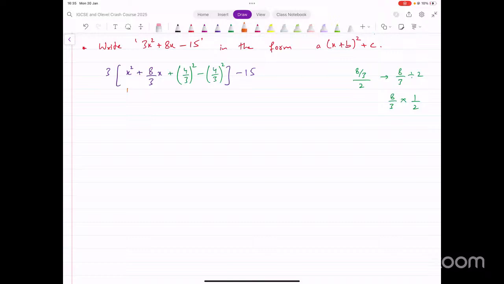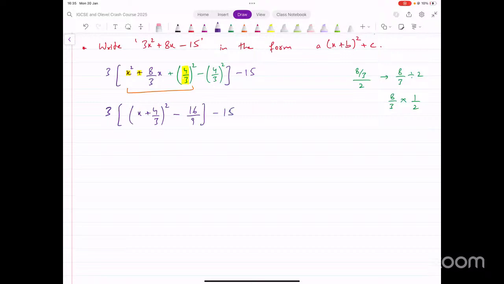Now, the first three terms, what do they give you? The first three terms give you a perfect square, x plus 4 over 3, right? So you have 3 into x plus 4 over 3 whole squared. Now this number is 16 over 9, minus 15 outside the brackets.